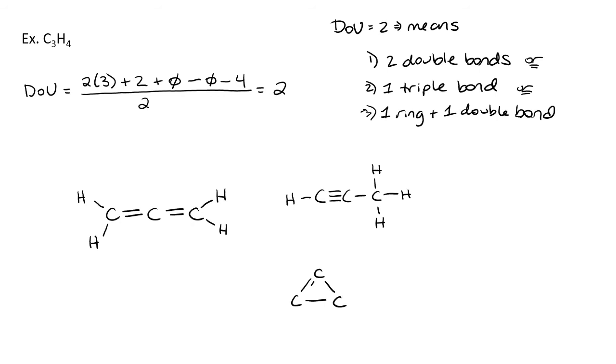We'll put a double bond between one of them. And then fill in the hydrogens. Okay, so these are 3 possible structures that could have this molecular formula. Now, if we were given an NMR, we would be able to use all of our knowledge from NMR to match one of these structures to the NMR spectrum.